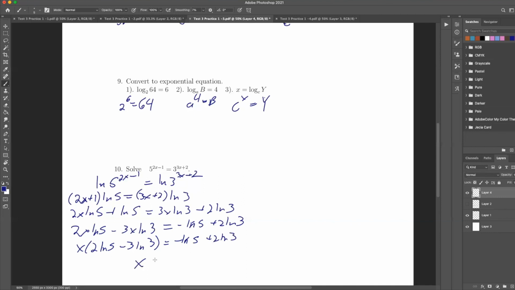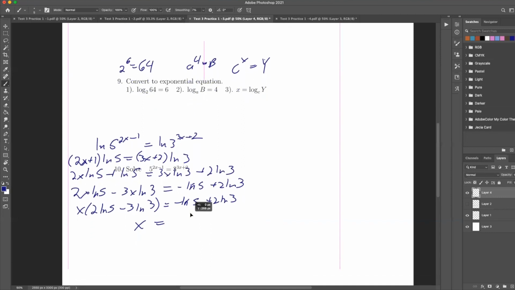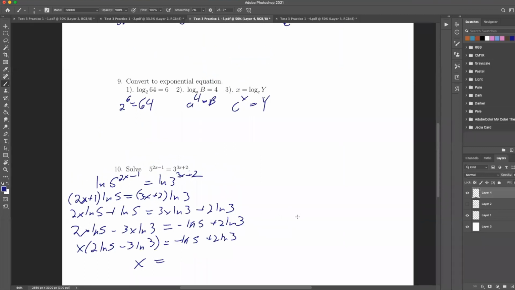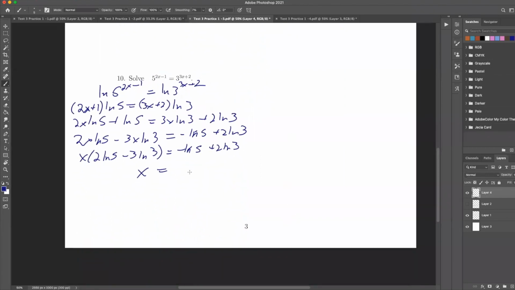And then we just divide it out and we get our final answer. Oops, that didn't do what I wanted to do. No, don't do that. I said move all of it. There we go. And we get our final answer here, minus ln of 5 plus 2 ln 3 over 2 ln of 5 minus 3 ln 3.